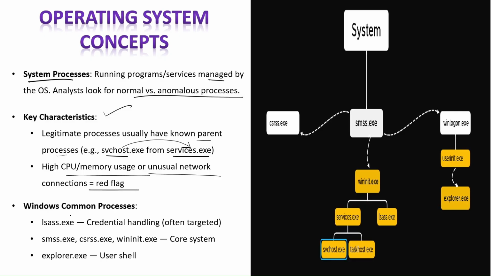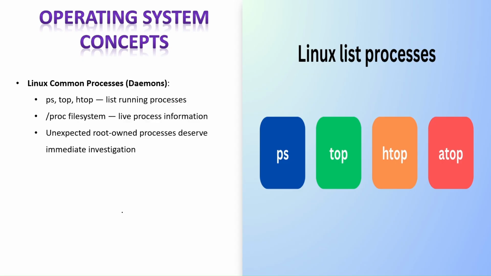Some common Windows processes include lsass.exe, which is used for credential handling and often targeted by attackers, smss.exe, csrss.exe, and wininit.exe. These are core system processes, and of course explorer.exe, which is the user shell in Windows.